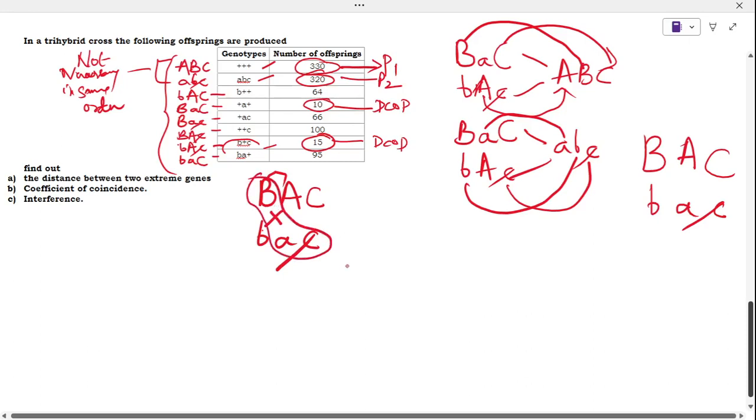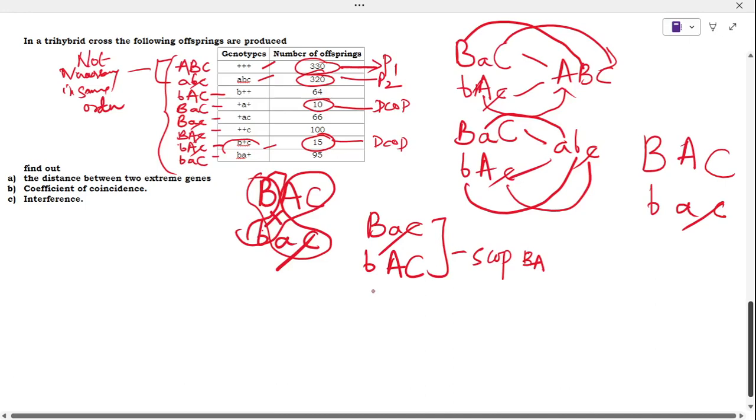This is capital B, small a, small c, and this pattern will be small b, capital A, capital C. This is single crossing over product with respect to B and A. Next, we'll move on to find out this crossing over. That means, I will write it one more time: B A C, small b a c here. Instead, crossing over happens at this position.